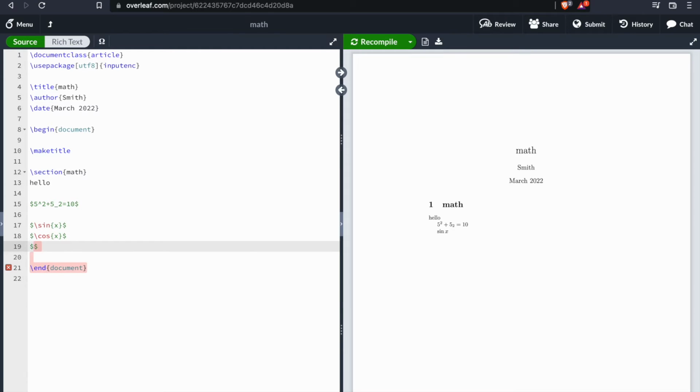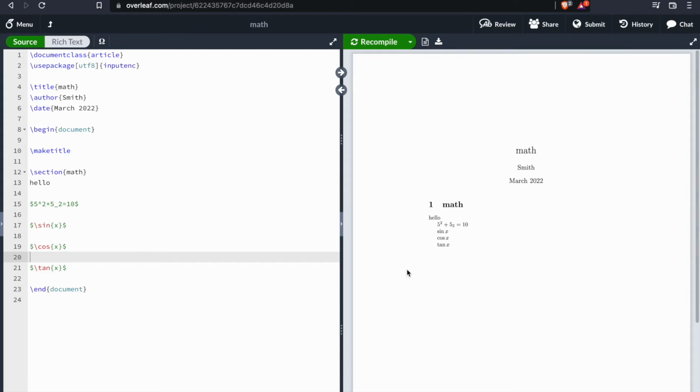Always do your dollar sign, backslash, tan, bracket x, another bracket. If we recompile all of that, we get, yep, right here, sine of x, cosine of x, and then tangent of x. If you want them on new separate lines, just put an empty line in between them, like I just did right here in the code, recompile them again, and there you go, sine of x, cosine of x, and tangent of x.